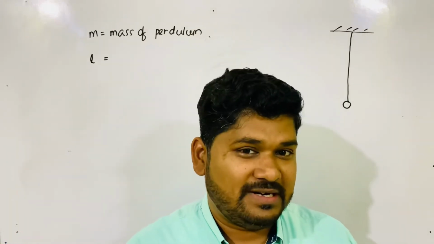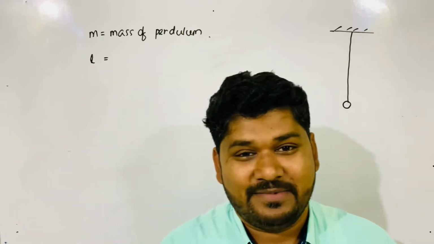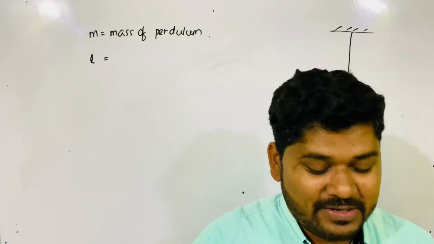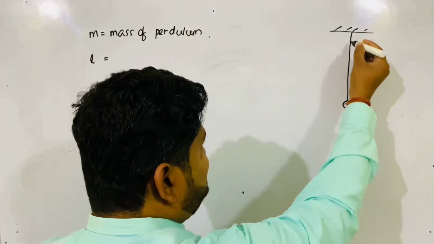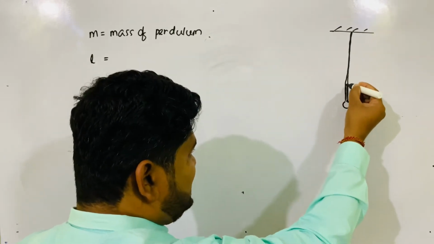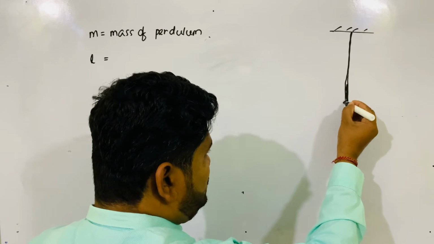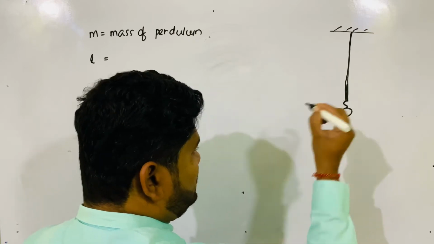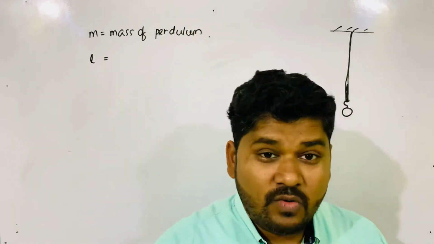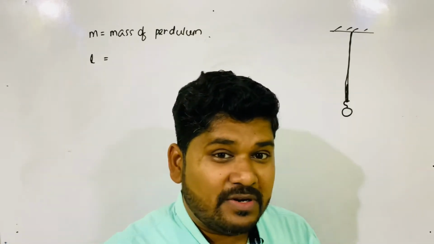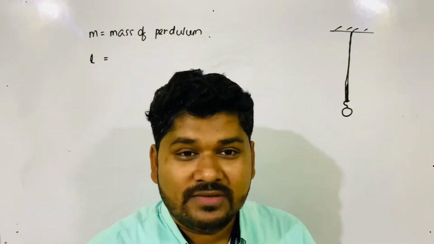Remember, it is important: the length of the pendulum. But what is the length of the pendulum? Length of the pendulum means, from the support, the string length, this is the string. Then when the pendulum is hung, it has one hook, and the string is attached on the hook.